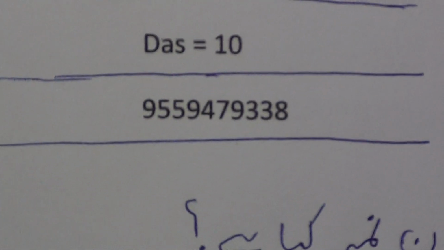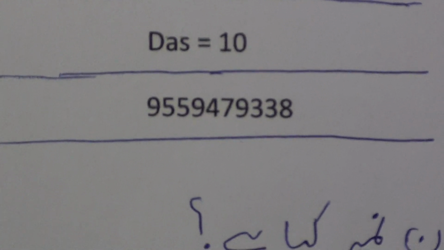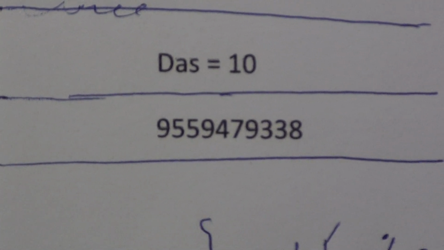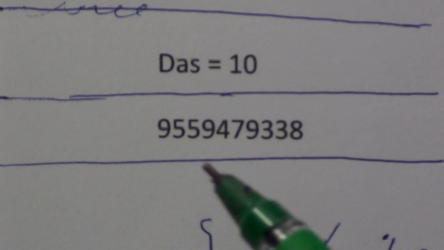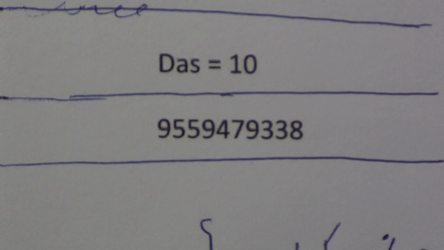And now you try to read this number. Remember one thing, that we write Urdu from left to right, but we write numbers from right to left as we do in English.